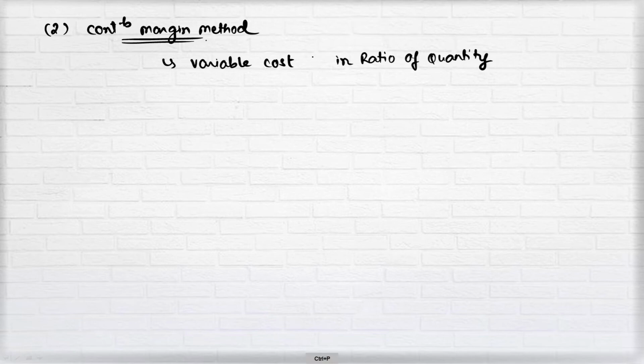Variable cost will be distributed in the ratio of quantity. And fixed cost will be distributed in contribution ratio. Fixed cost will be distributed in which ratio? Contribution of each product ratio.